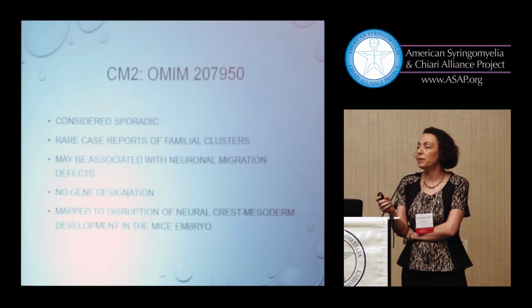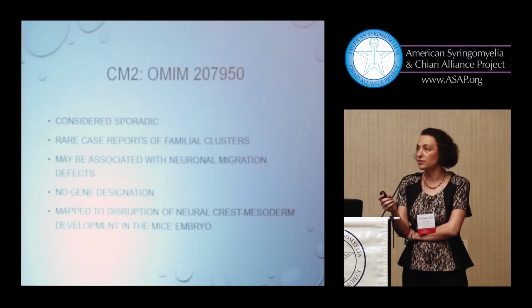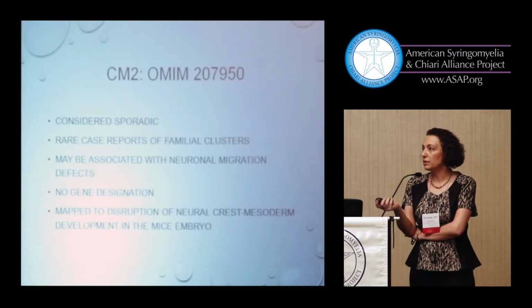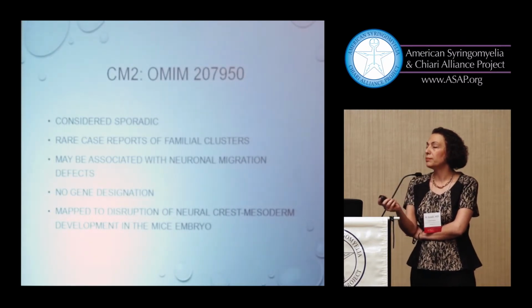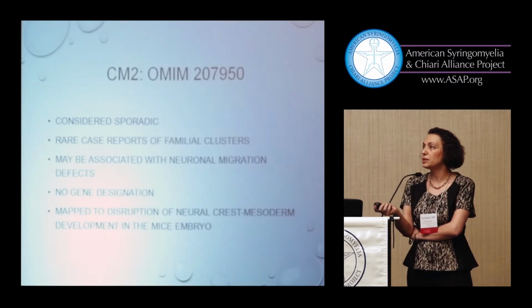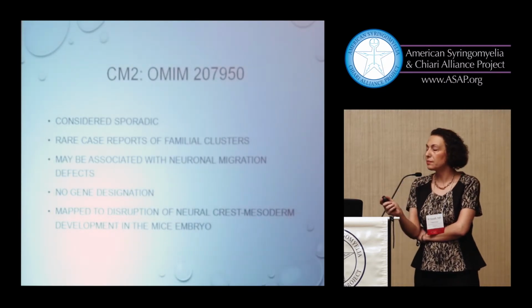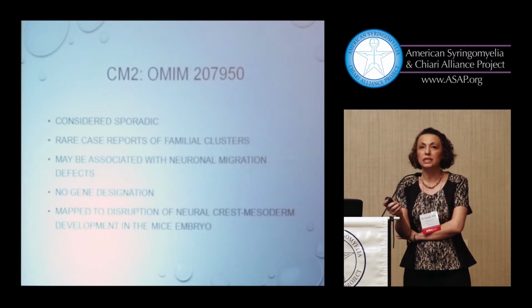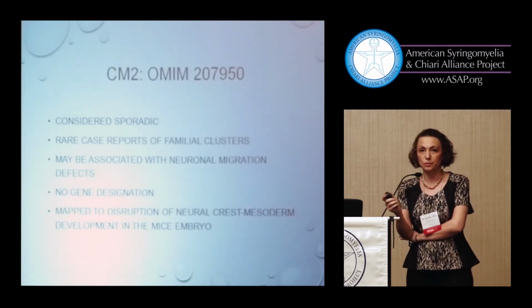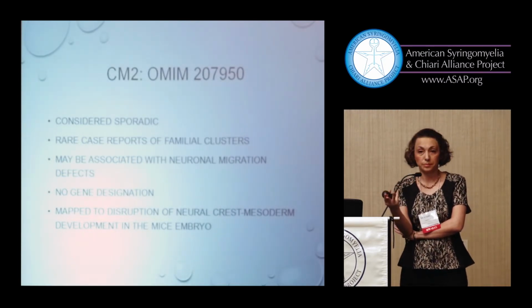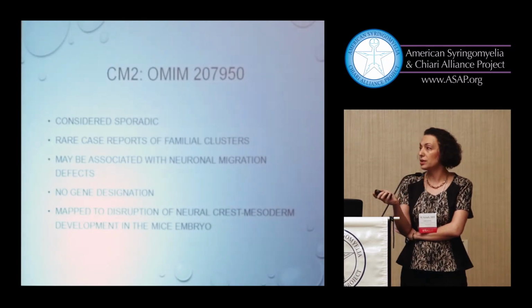So these children may be more severely affected in terms of cognition and development. And in an animal model, in mice, Chiari type 2 has been mapped to a portion of the neural crest that basically deals with mesoderm. And mesoderm is the part of the embryo that produces the soft tissue and the bone structures that in essence cover the brain, and hence the neural tube defect that occurs in these people.